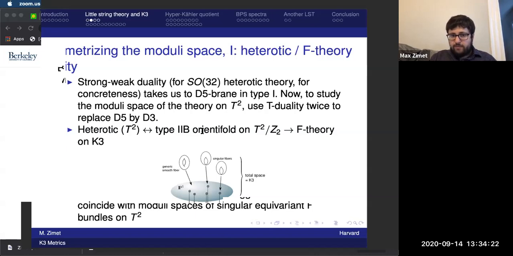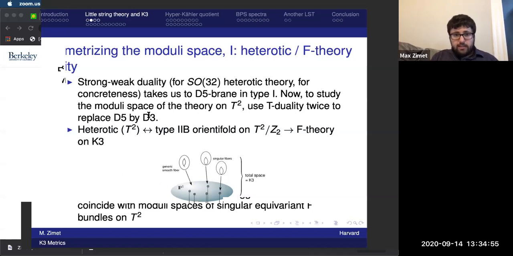Then you end up in a type IIB orientifold on T2 mod Z2. And the non-perturbative way to think about this string vacuum is as F-theory on an elliptically fibered K3 surface. At generic points in moduli space, this T2 mod Z2 gets resolved to a more general CP1, so the more general way to think about this vacuum is F-theory on K3.